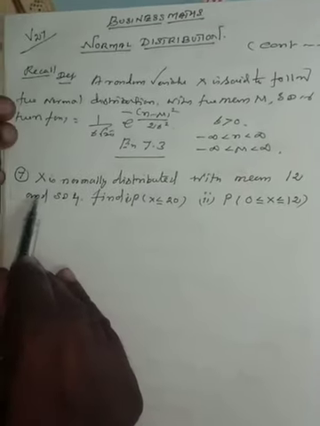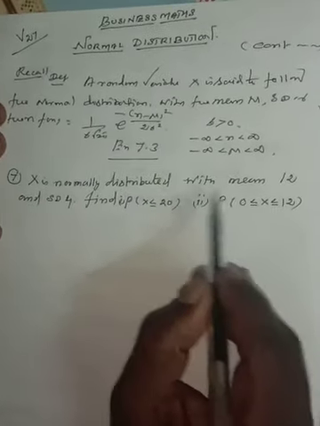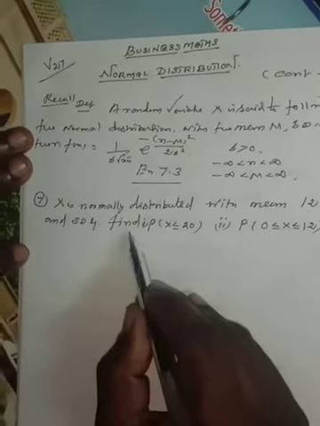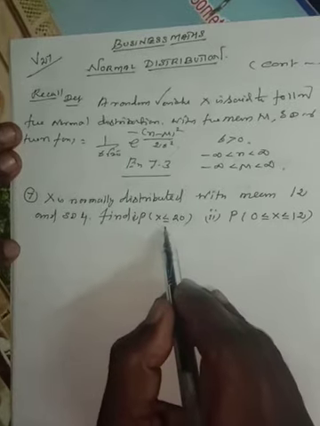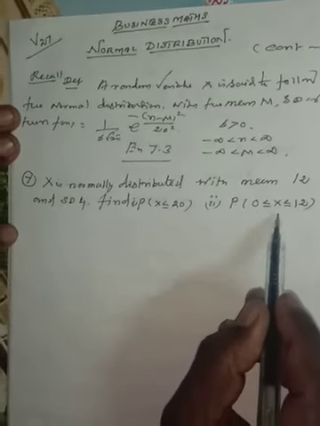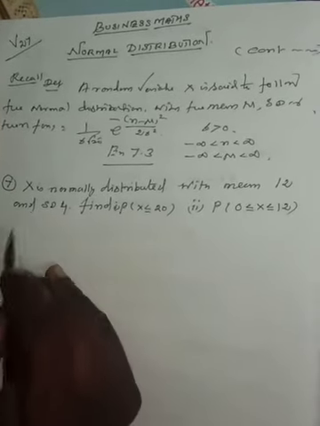Sum number 7. X is normally distributed with a mean 12 and a standard deviation 4. Find number 1, P of x is less than or equal to 20. Number 2, P of 0 is less than or equal to x is less than or equal to 12.